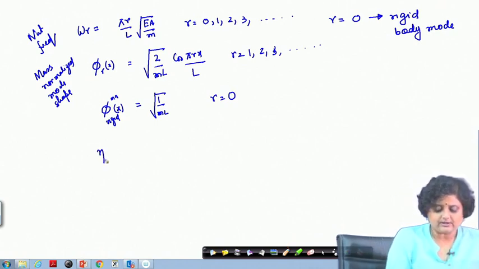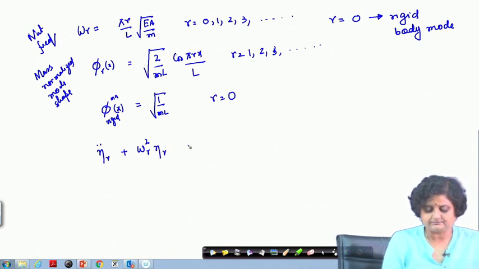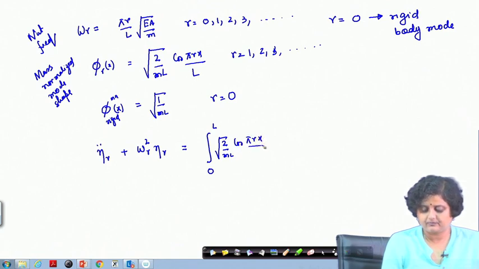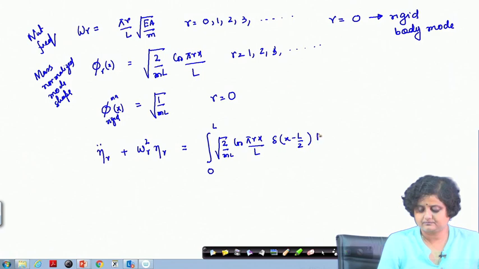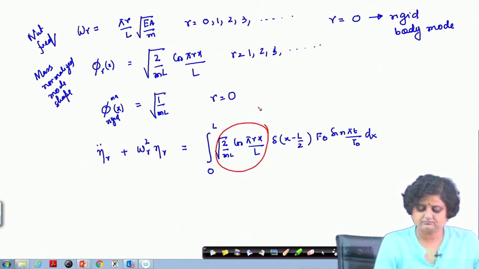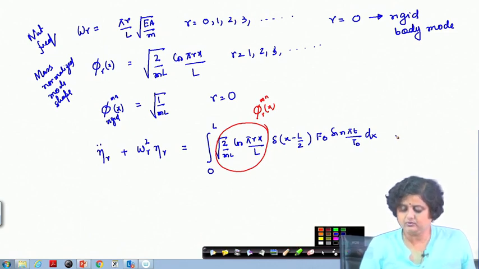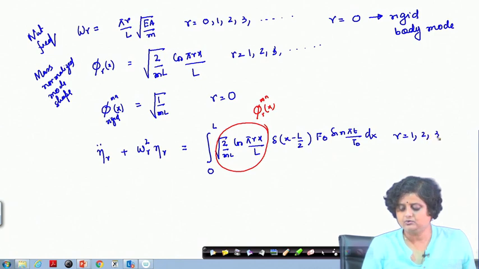So, the equation that we have, eta r double dot plus omega r square into eta r, is going to be the integral 0 to L of root over 2 by m L. So, this is the expression that we are going to get for r equals to 1, 2, 3 and so on.